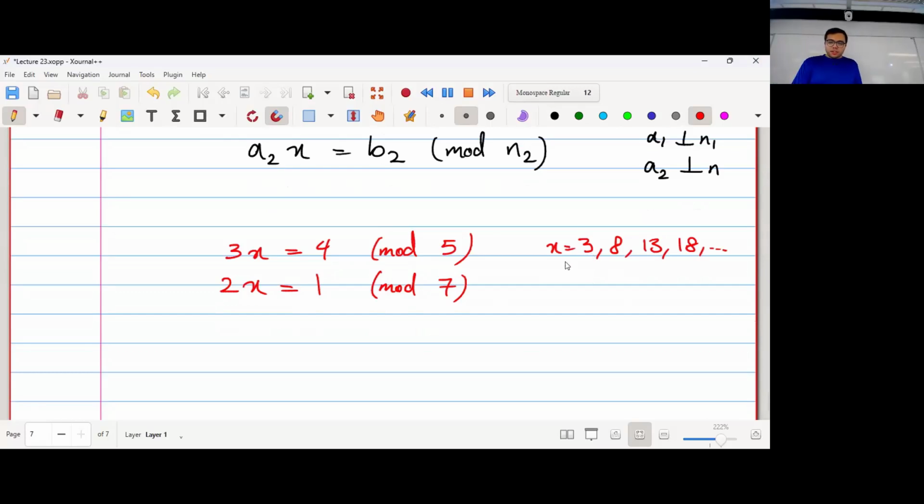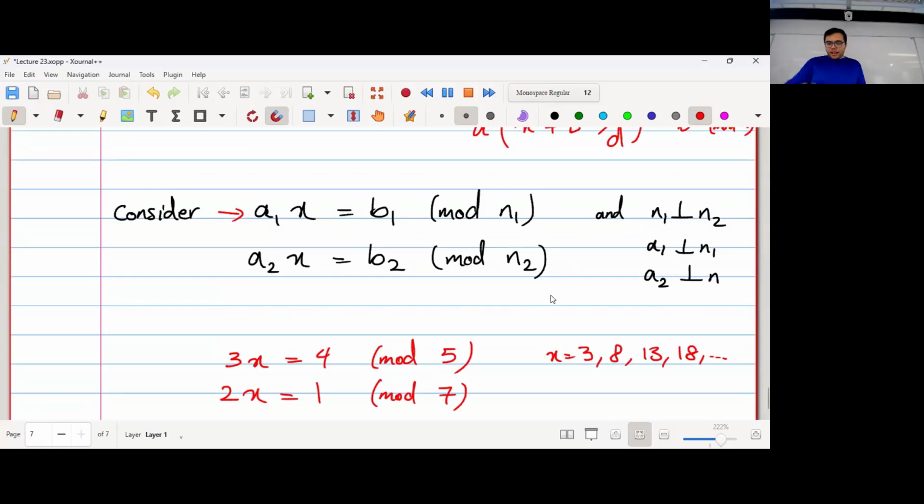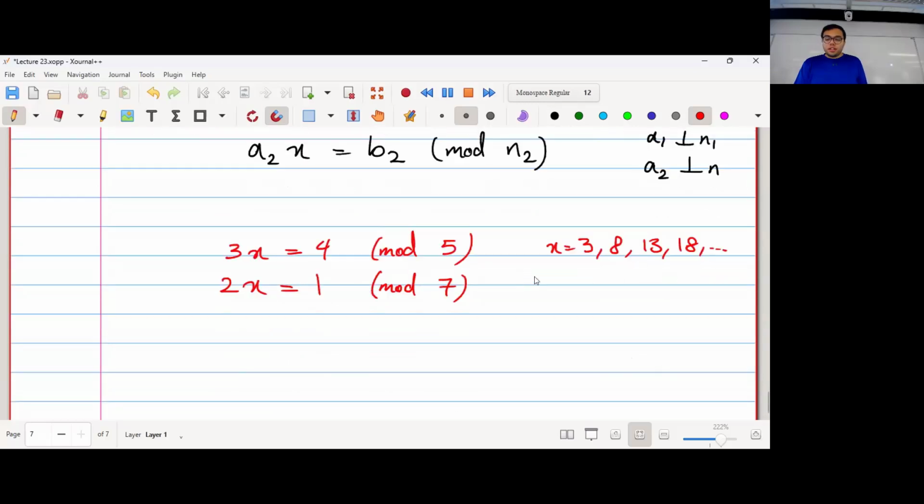Right? But let's look at these solutions as cycles when we're doing calculations modulo this second number, modulo n2. So I'm doing calculations modulo 7, and I'm starting with the number 3, and every time I'm just adding 5, right? So I know that adding 5, that's going to give me a permutation. It has the cycles, all the good things that I already know. So I'm going to start with 3, and then the next one is 8, right?